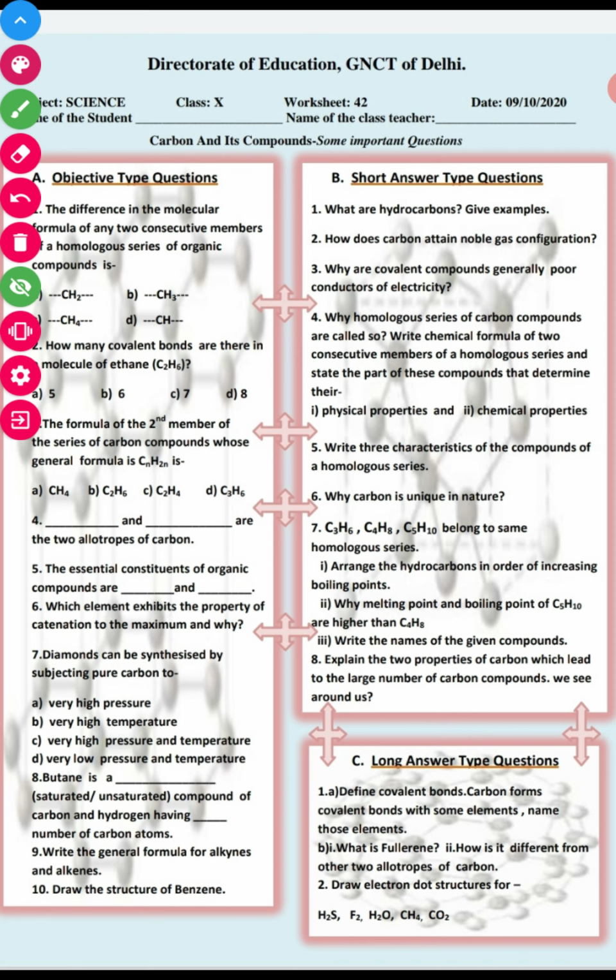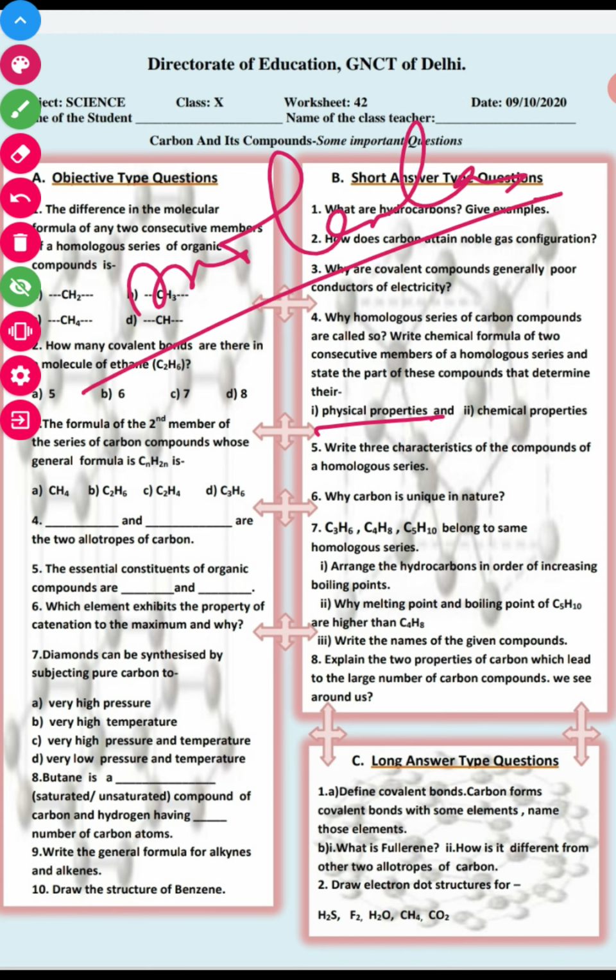Physical properties of that homologous series are different. Why different? Because the molecular formula is different. Initial carbon compounds, with the number of carbons 1 to 7 or 8, may be in the gaseous state, or otherwise in the higher ones they are in liquid state, and more than that they are in solid state.